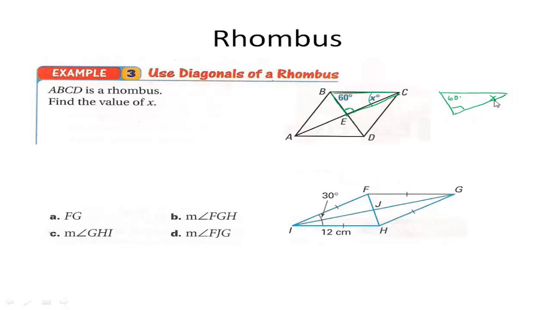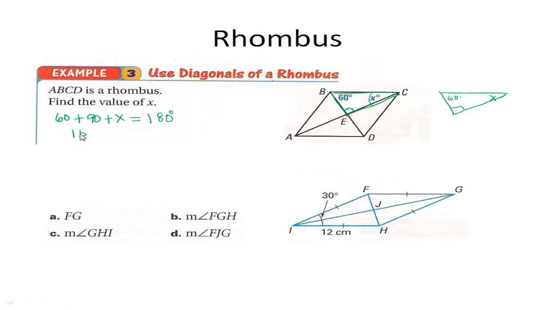And since this is a triangle, I know that the angles inside of a triangle add up to 180. So for this triangle, I have 60 plus 90, which is the right angle, plus x, and the sum of those three angles has to be 180 because this is a triangle.